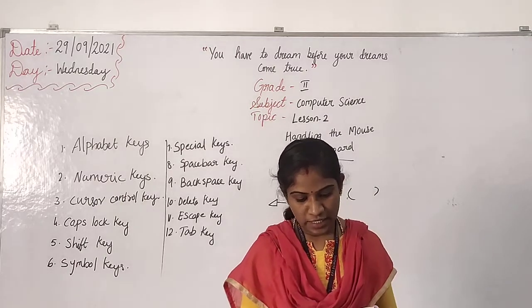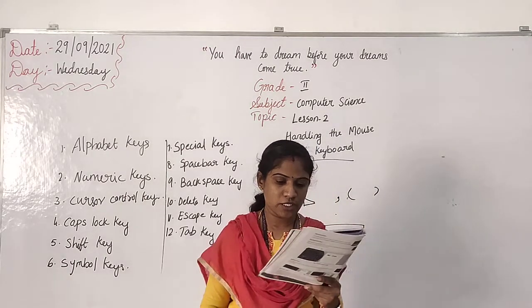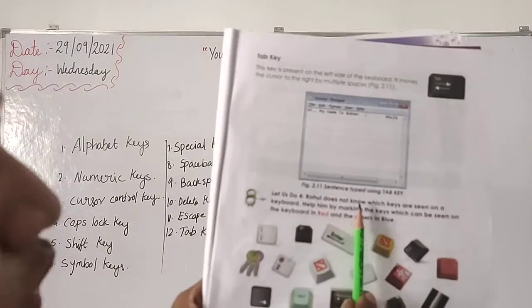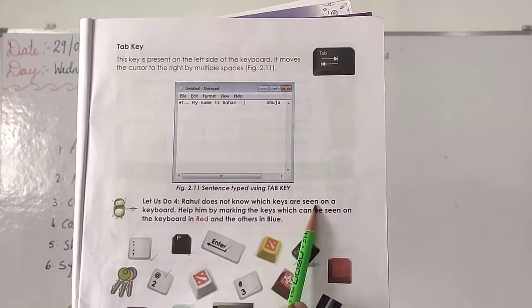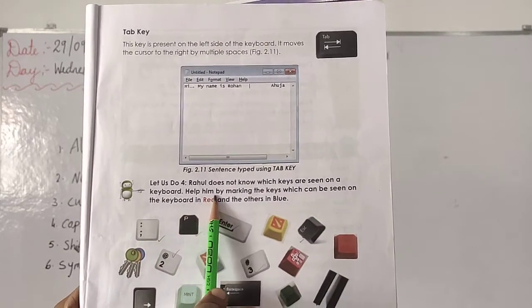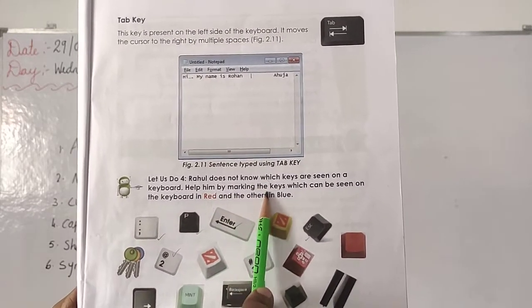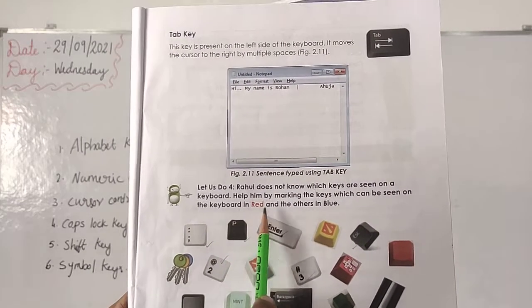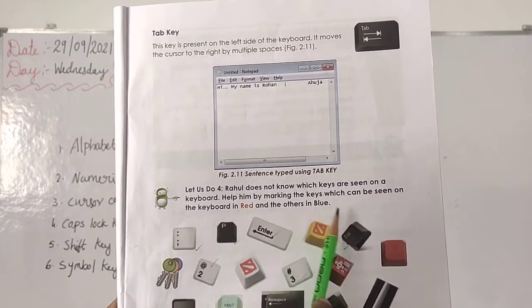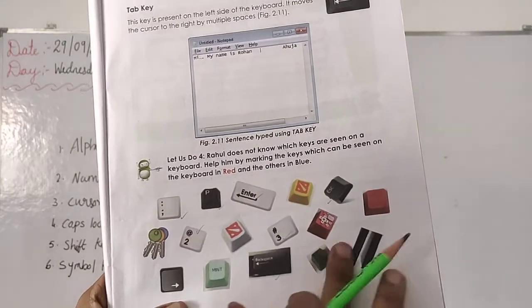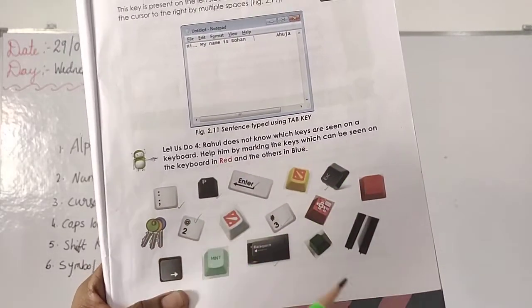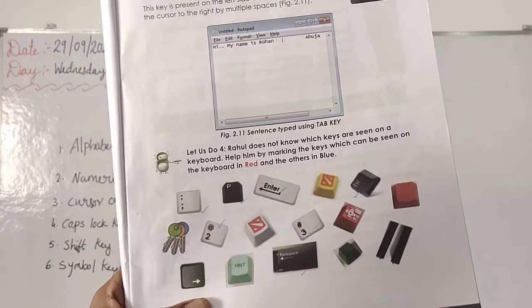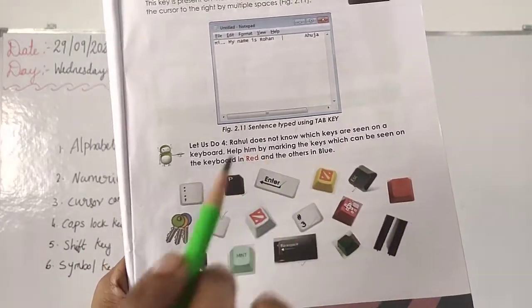Then let us do the activity on page number 21. Rahul does not know which keys are seen on a keyboard. Help him by marking the keys which can be seen on the keyboard in red and the others in blue. This is a keyboard key, mark it in red.